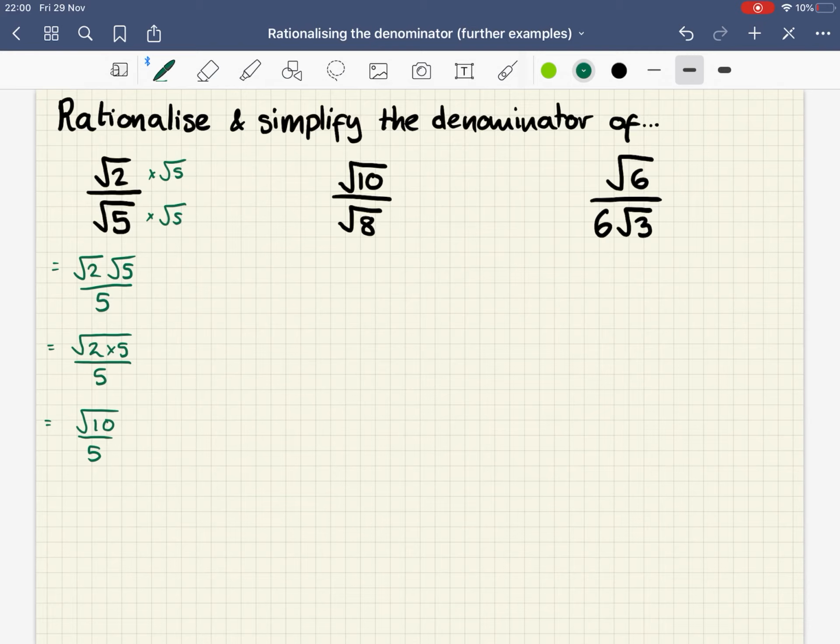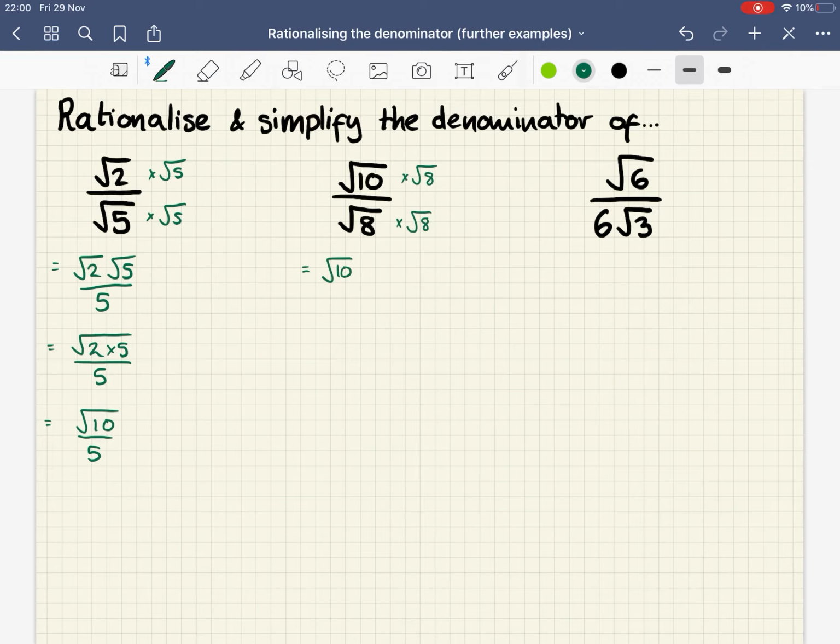So next one then, multiplying the top and the bottom by root 8. Now this is one where if you simplified the root 8 at the start, you would have had to do another simplification at the end. If you fancy challenging yourself, give that a shot. But I'm going to just do the easier one by saving it until the end.